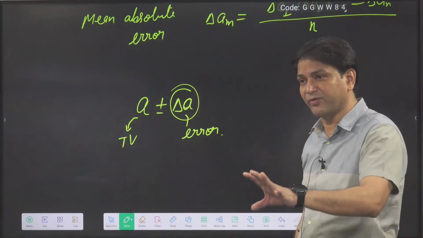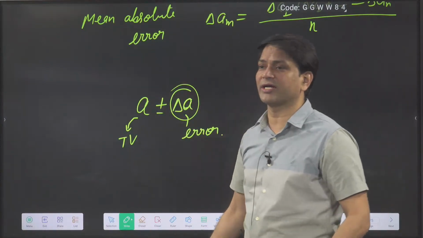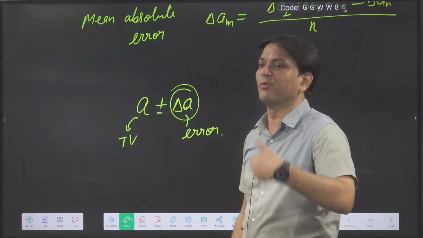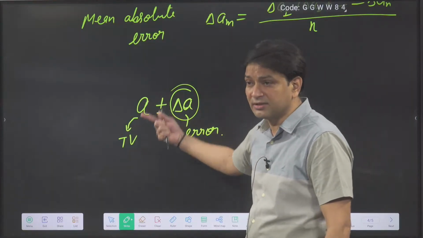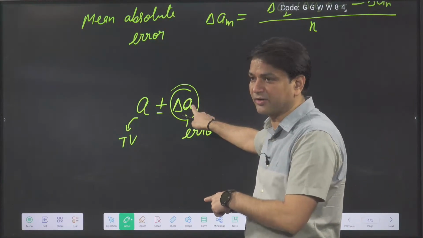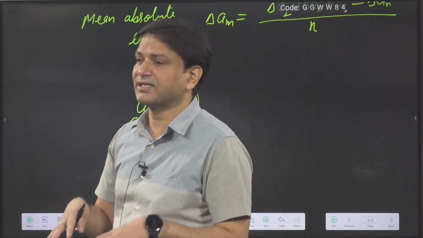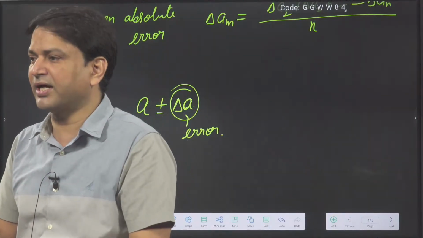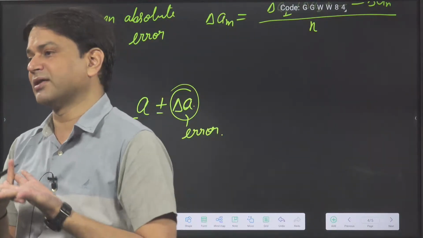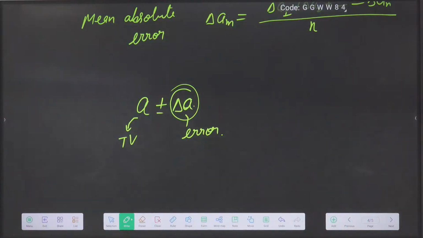This delta A we will always calculate as the maximum possible error. But the quantity can be either more than actual or less than actual, so that's why we add or subtract this error. Getting my point or not? So how do you write the quantity with the error? A plus minus delta A, because we can measure more than actual or less than actual.